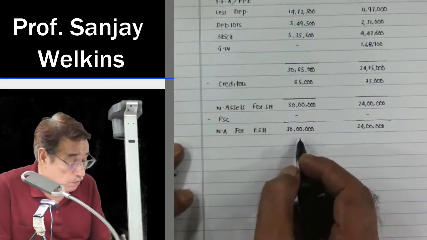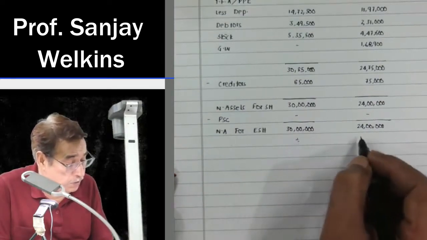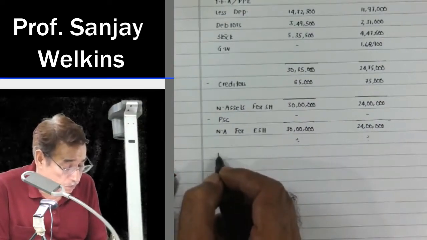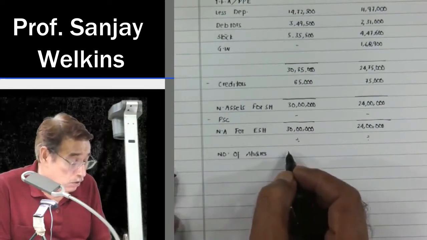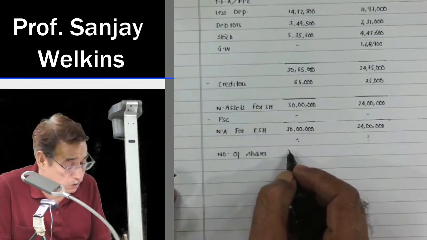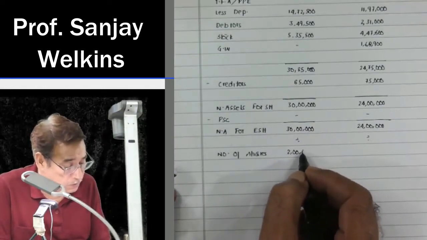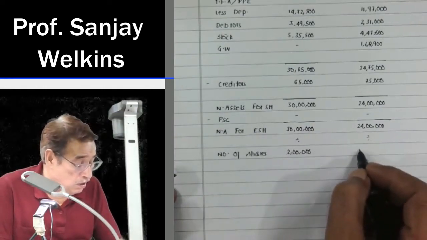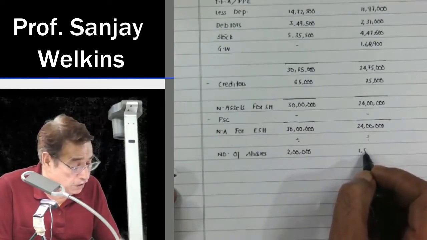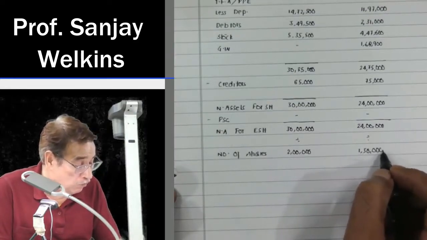Now we will divide it by the number of shares. If I am going to divide it by number of shares, total share capital is 20 lakh and one share is of rupees 10 each. So the number of shares must be equal to 2 lakhs. And similarly, in this case, 15 lakh divided by 10, number of shares must be equal to 1,50,000.